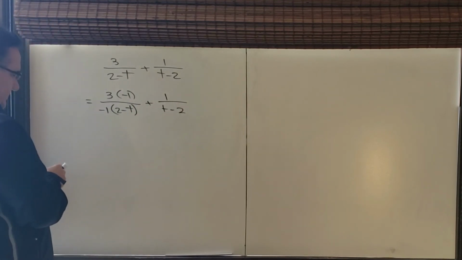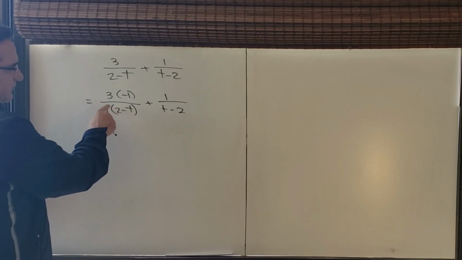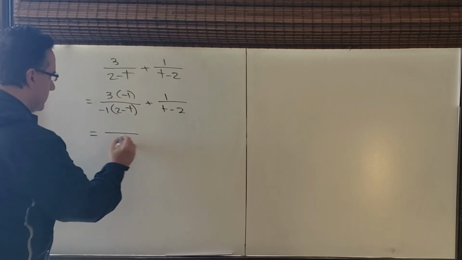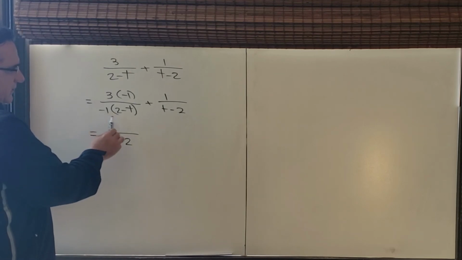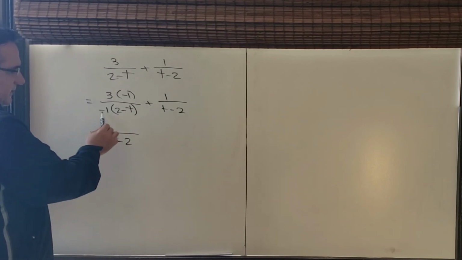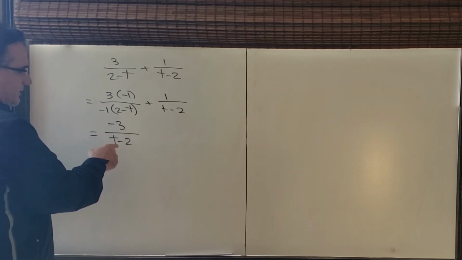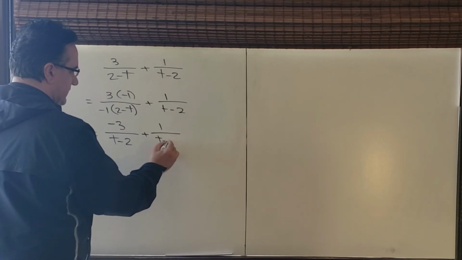Okay, notice what happens now. If I multiply -1, I get -2 plus t, and I can always write the t first. So it's really just t minus 2. See? -1 times -t is t, -1 times 2 is -2. So now we have -3 over t minus 2 plus 1 over t minus 2.